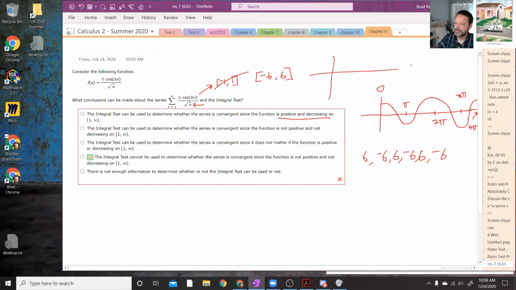You divide something by a larger and larger number, and my intuition says it would start off like this and then get closer and closer. If we would graph it as a function, of course, they'd be dots, really. So that one would be no good.